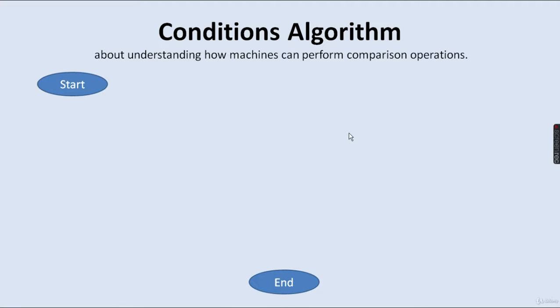Suppose that this is a computer program starting from here and ending there. The first step in order to control the flow of the computer program is to read the two variables I am going to compare, x and y.